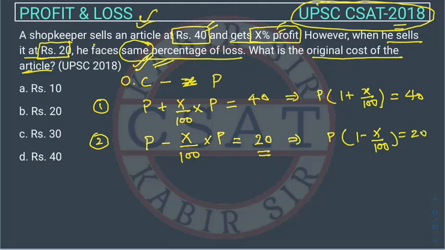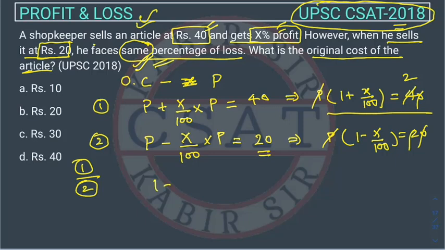Now you can divide equation 1 by equation 2. When you divide, this P will cut this P, this 0 will cancel this 0, and from this 2 you can cut this, and it comes to this side.